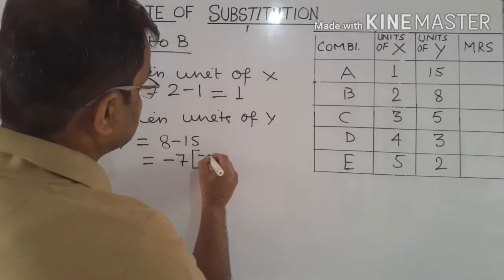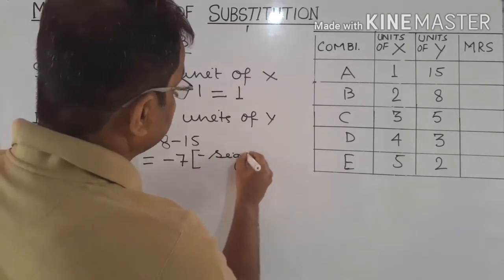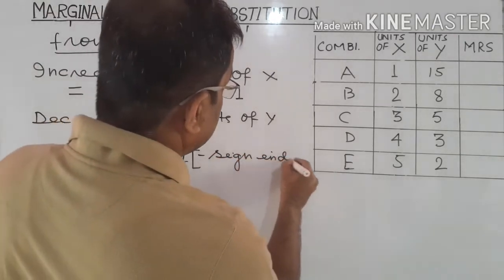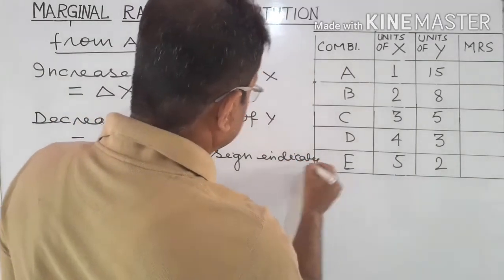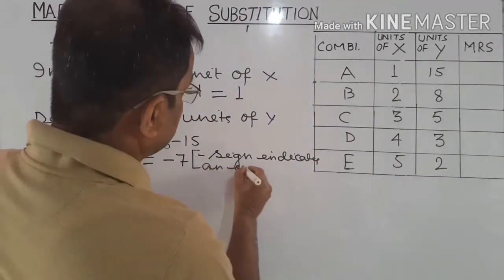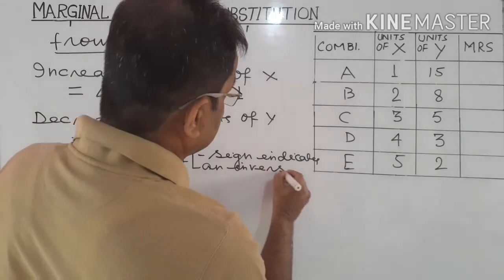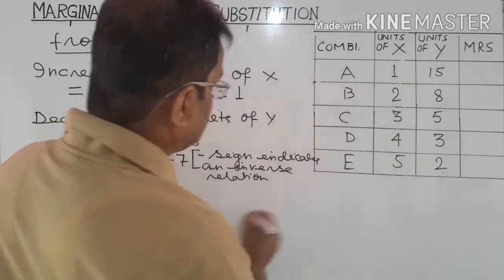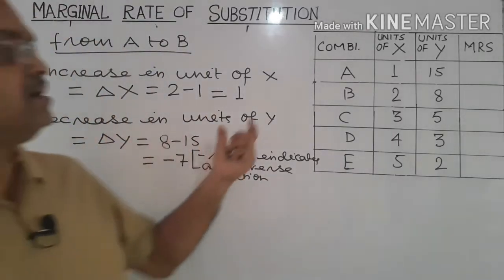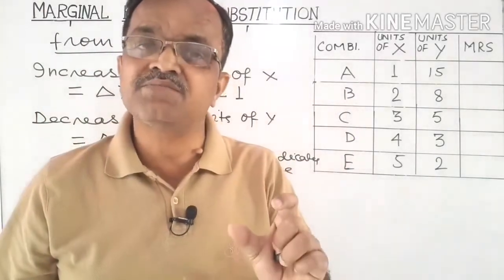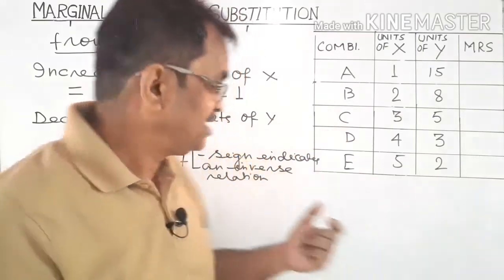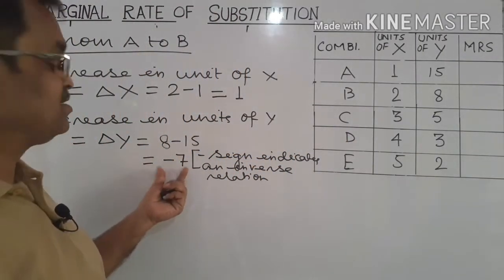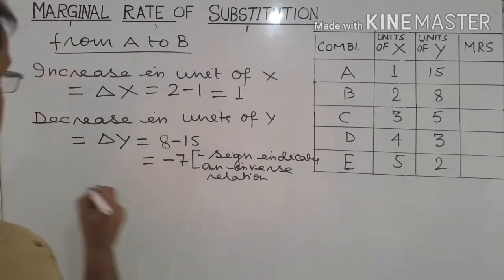Negative sign simply indicates an inverse relationship. ये बताता है कि दोनों के यूनिट्स ऑफ कंजम्पशन में उल्टा रिश्ता है. मतलब एक अगर बढ़ता है तो दूसरा घटेगा. Why? Because of the fixed money income of the consumer, and that is minus 7. इसका मतलब क्या हो गया?